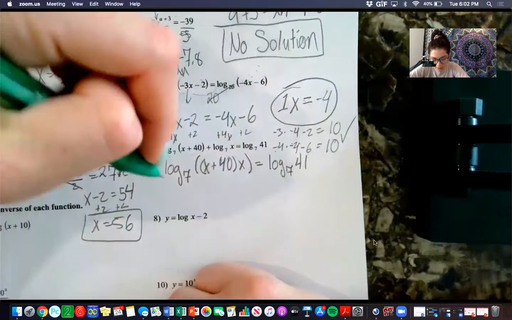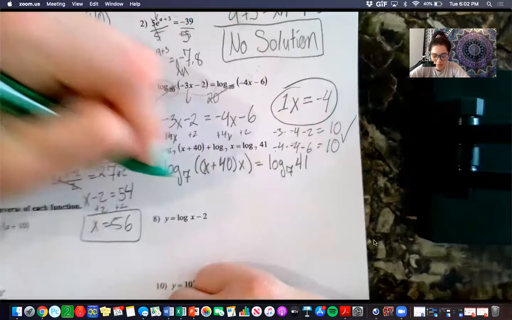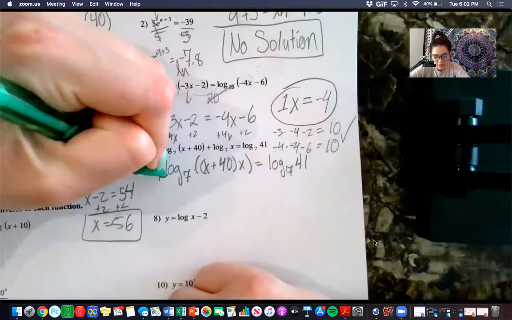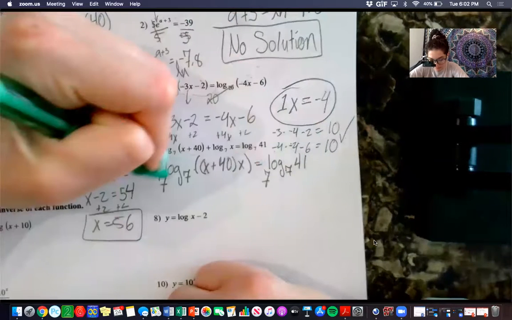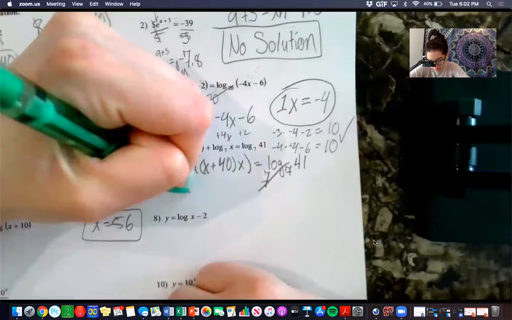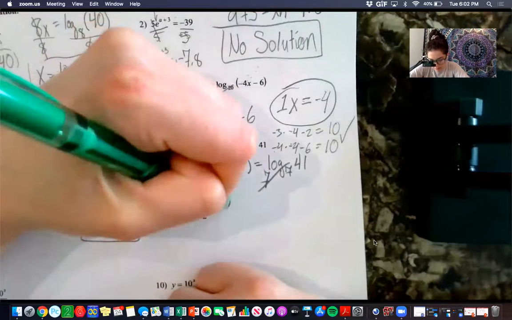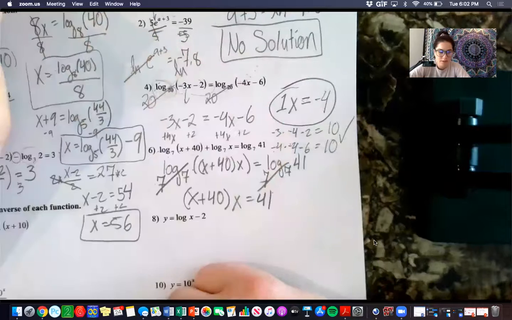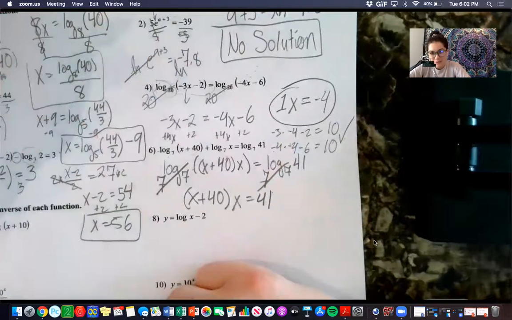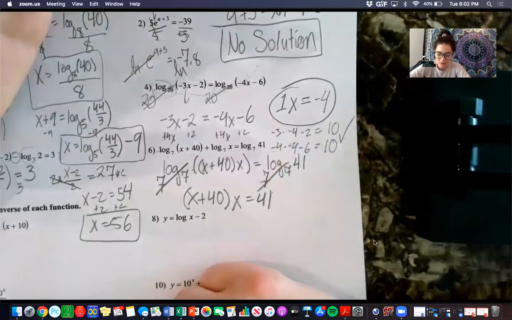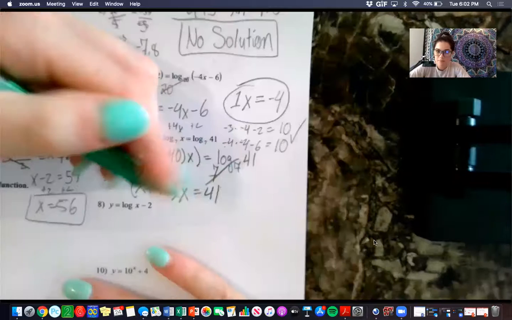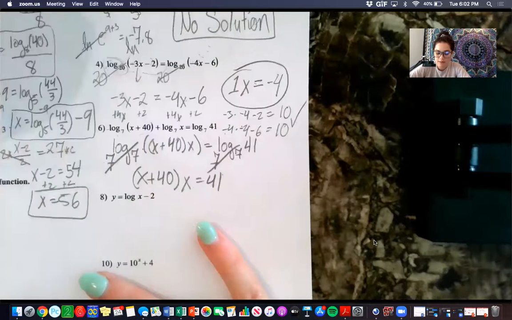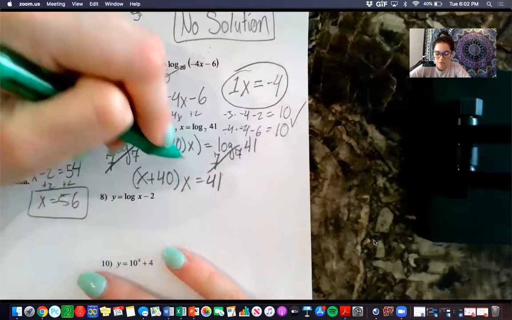Okay, we'll undo this log base 7 by using our exponents. 7th power, here we go. Times x equals 41. So this is a little tricky, right? So let's distribute this first.